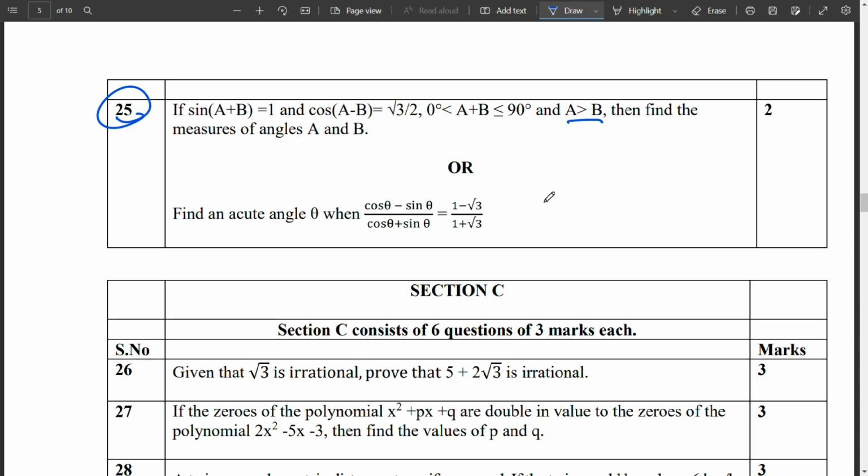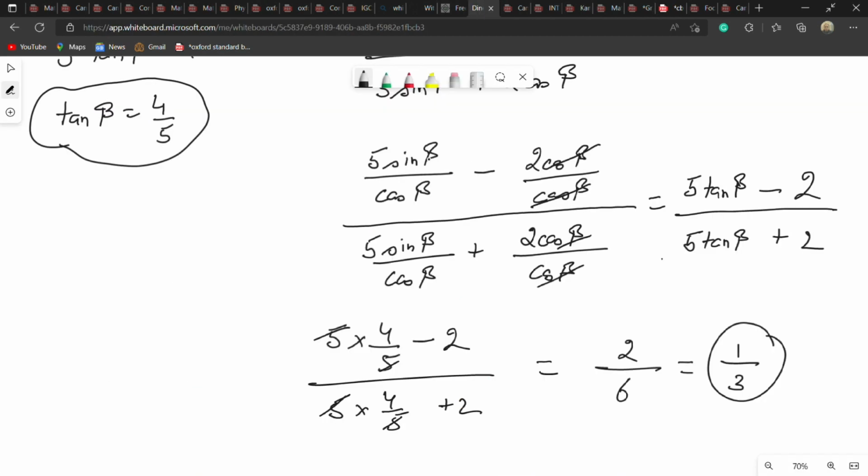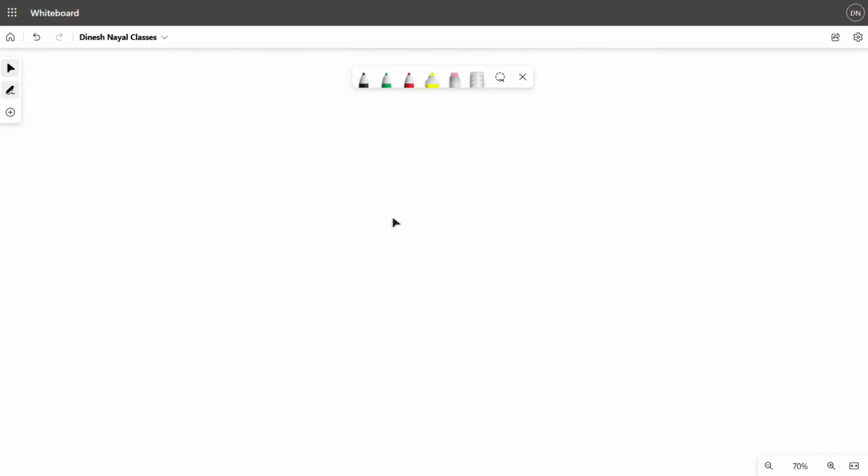So now let's write the question on the whiteboard. It's given that sin(a plus b) is 1, cos(a minus b) is root 3 by 2. This is question number 25 of that sample paper.